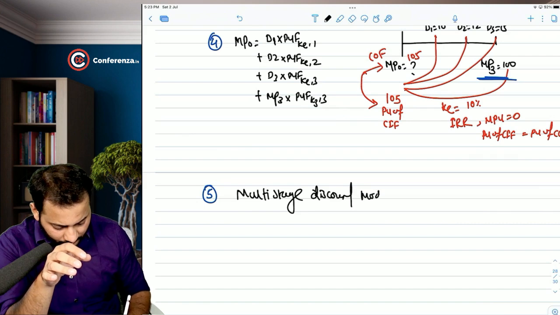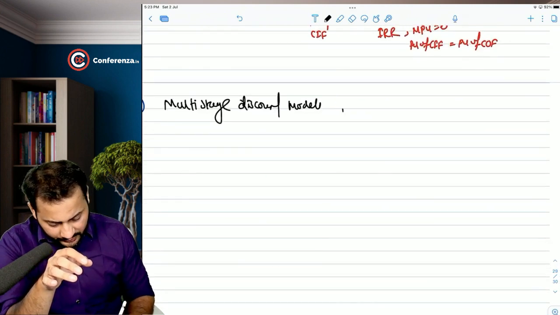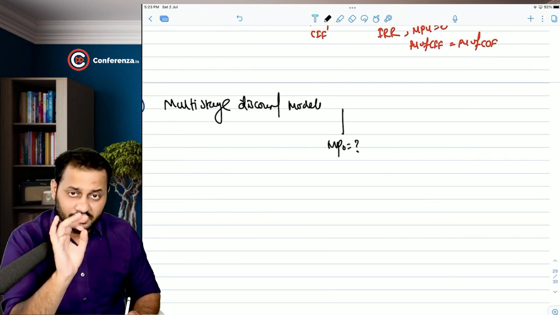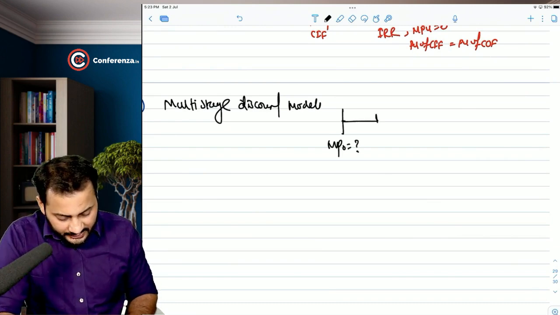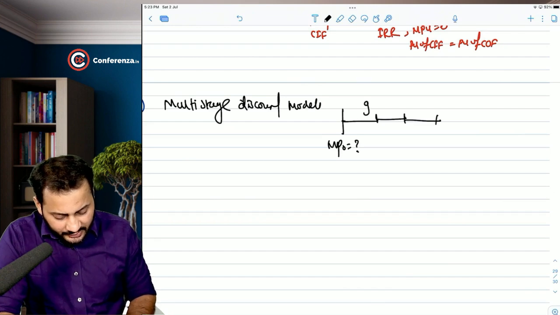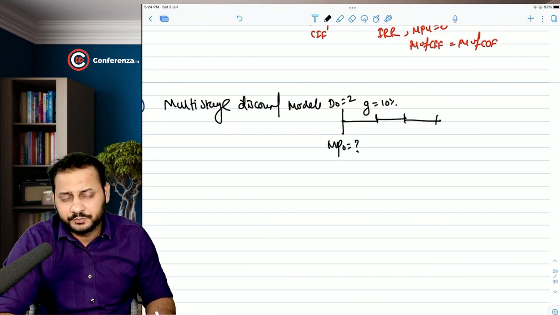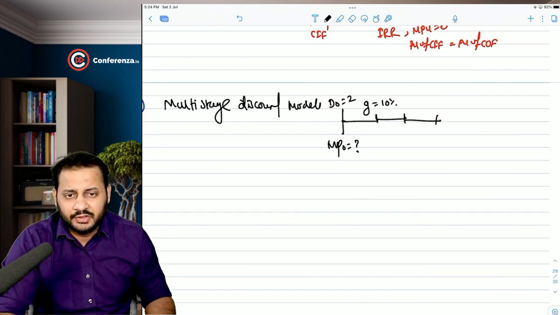So let me give you a situation. You have to buy the share today and you want to know the theoretical price. The question says that for the next 3 years, dividend will grow at 10% and D0 is given as, let's say, 2 rupees. Just imagine the situation.